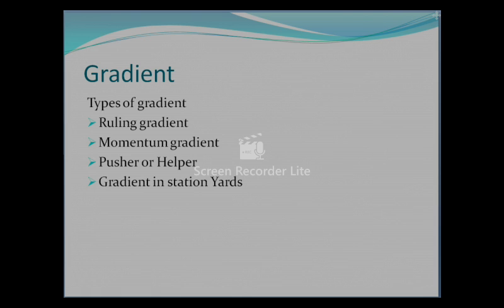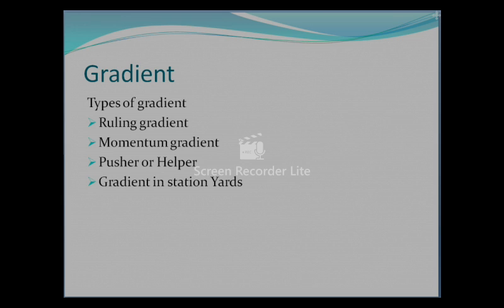Moving on to our next type, gradients in station yards. What is the gradient that you need to provide in stations? In stations, you need not provide steeper or higher gradients, you just have to maintain the level.